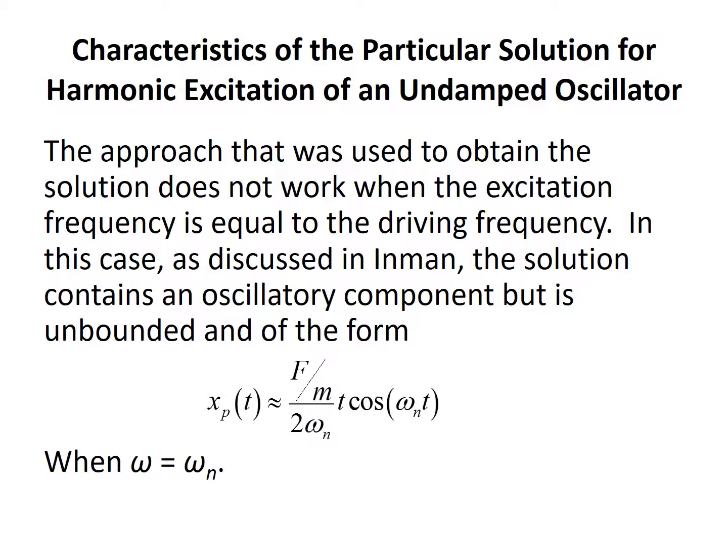And so the form of the particular solution when omega is equal to omega sub n is provided below, and you can see that as time gets larger, the solution becomes unbounded, which is what you'd expect given that the oscillator is undamped and the excitation frequency is exactly equal to the natural frequency.